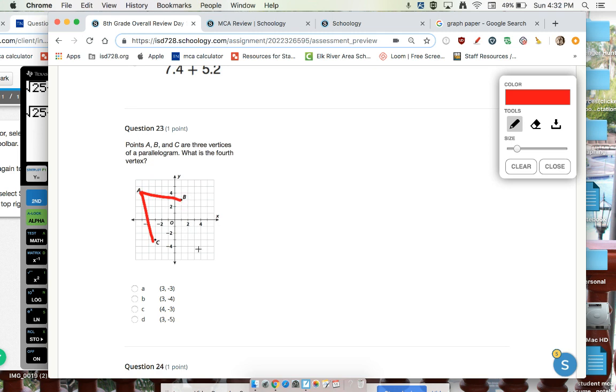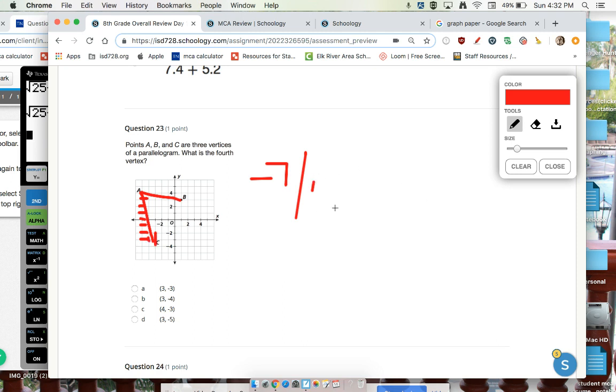So my strategy here is to figure out what is the slope from A to C. So I know that I'm going down 1, 2, 3, 4, 5, 6, 7. I went down 7. So -7 over, and then I went over 1, 2, so down 7 over 2.